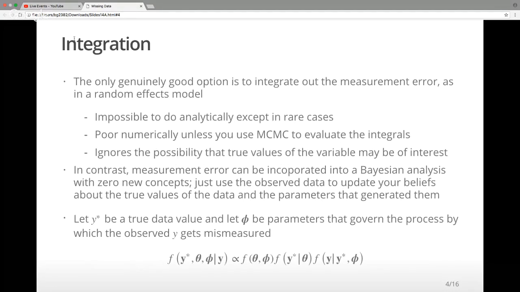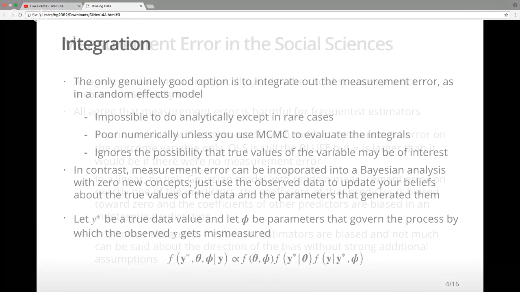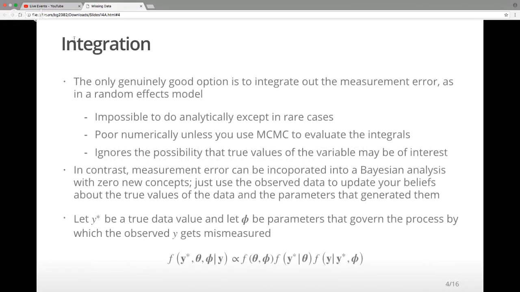And there's not much that can be done from a frequentist perspective. The only genuinely good thing that could be done, and this is basically what happens in the first scenario here, is to integrate out the variable that has measurement error in it, like frequentists do in a so-called random effects model, where we're thinking about the error term for Connecticut.